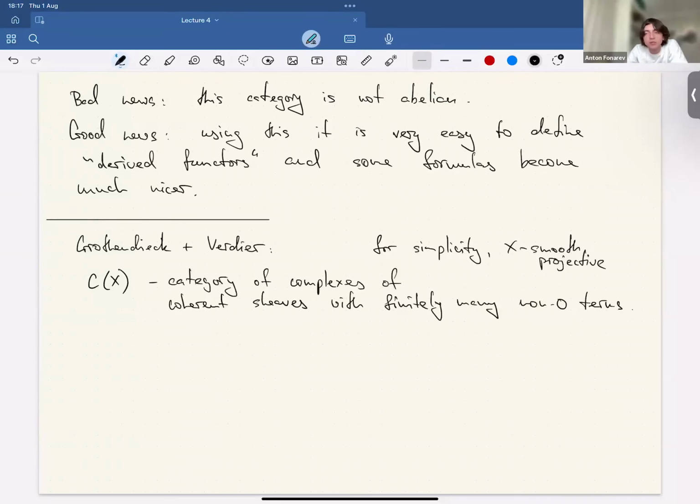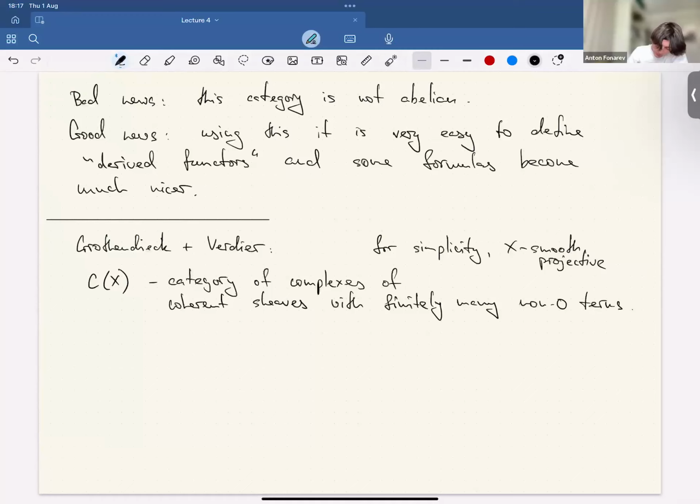So just a complex, composition of two consecutive maps is zero. And we think of these as the category of resolutions, if you wish. Inside, there are different kinds of resolutions. Say a coherent sheaf can always be substituted by its resolution by vector bundles. And if your variety is smooth, then this resolution will be finite.